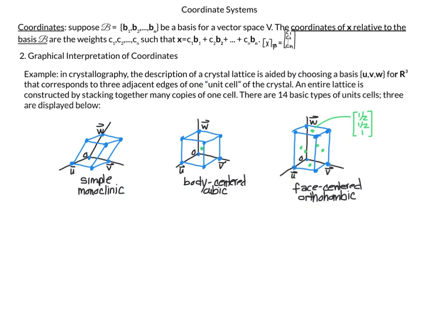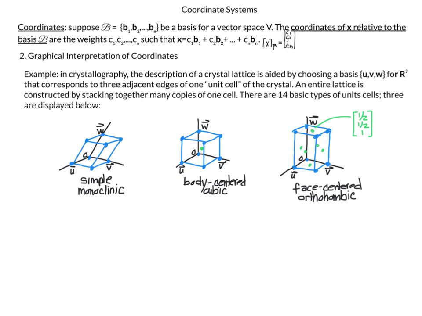Your book has this example about crystallography, and it says the description of a crystal lattice is aided by choosing a basis U, V, and W for R3 that corresponds to 3 adjacent edges of one unit cell of a crystal. So these are the different types of unit cells. And here we have a basis that's kind of skewed, this basis that's body-centered, this one that's face-centered.